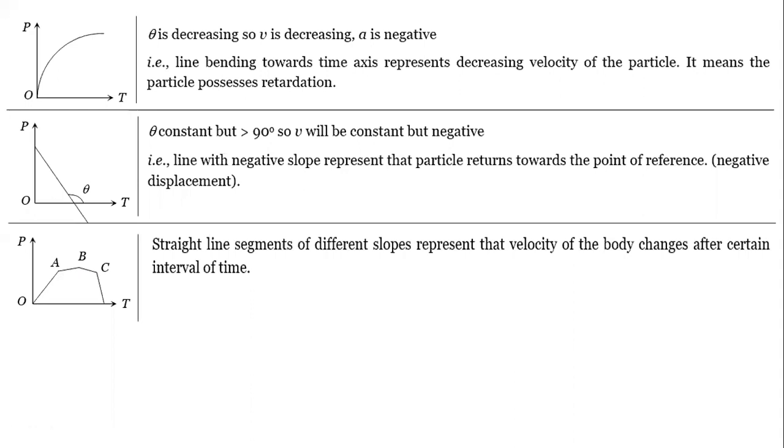So you can say from O to A, if I'm traveling with a velocity of 30 meter per second, from A to B I'm traveling with a velocity of 20 meter per second. From B to C, I'm traveling with a negative velocity, which means it has changed direction and is coming back to the reference point. So from B to C it is going to come back. From C to the final, it has reached the initial point. So it is not at all related to the acceleration.